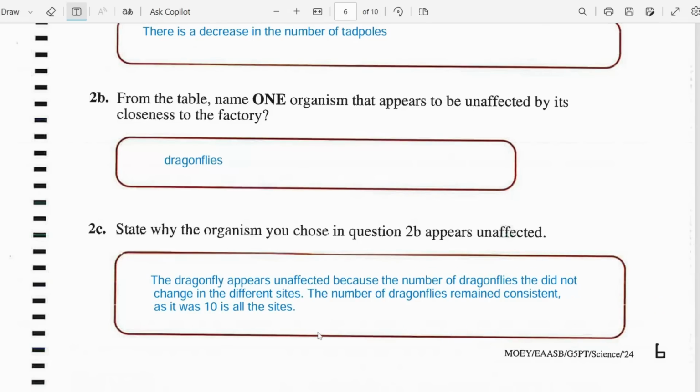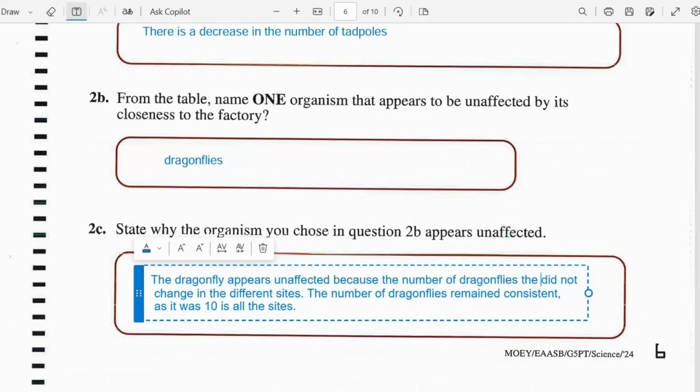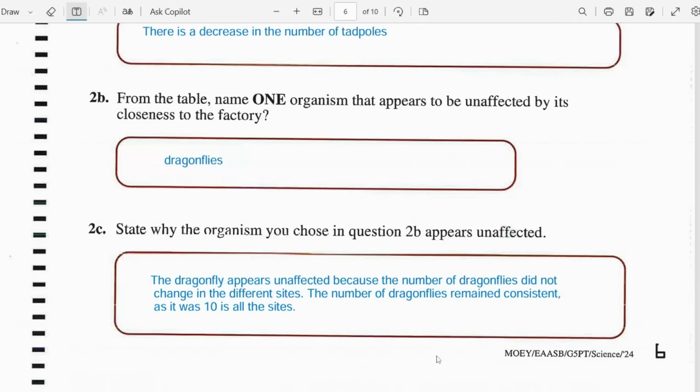So the dragonfly appears unaffected because the number of dragonflies did not change in the different sites. The number of dragonflies remained consistent. It was 10 in all of the sites.